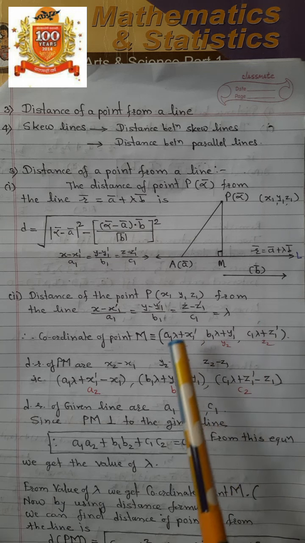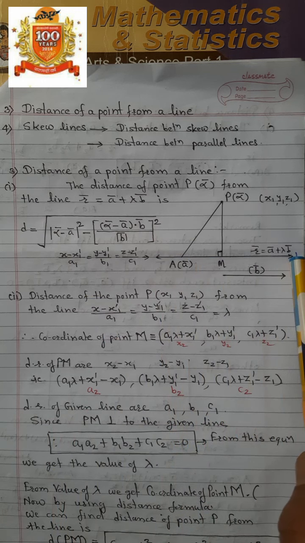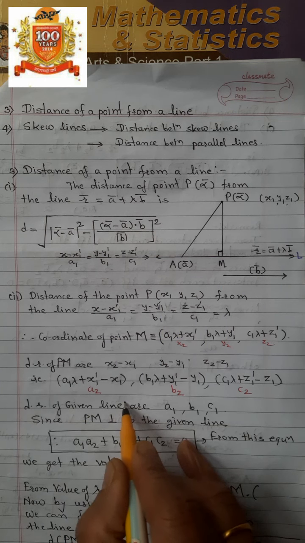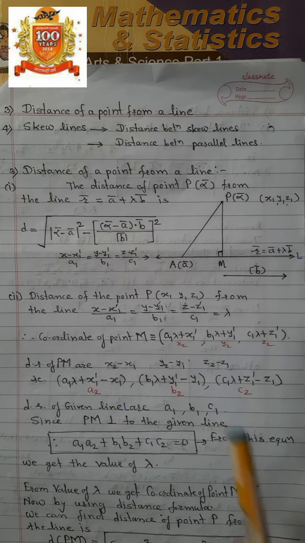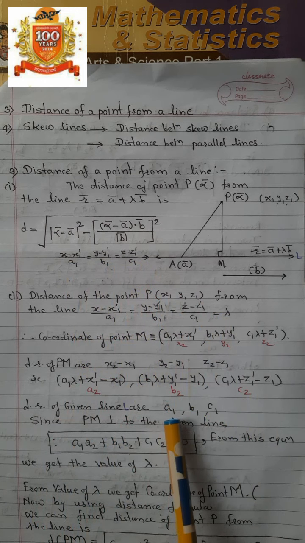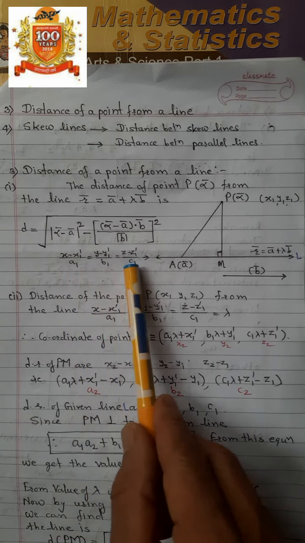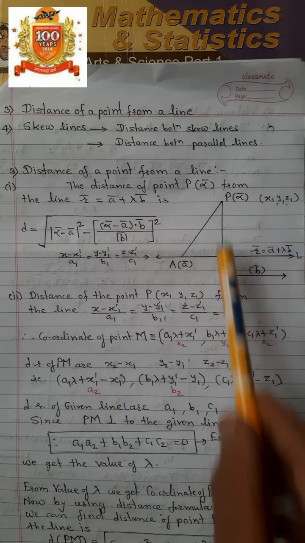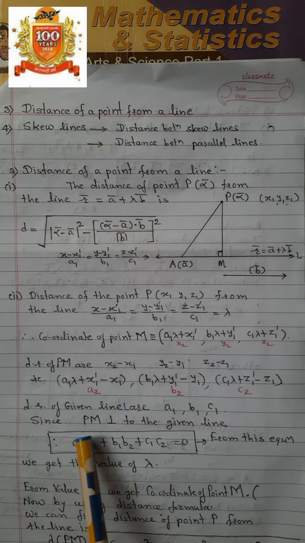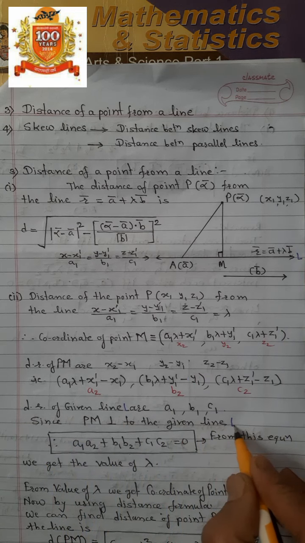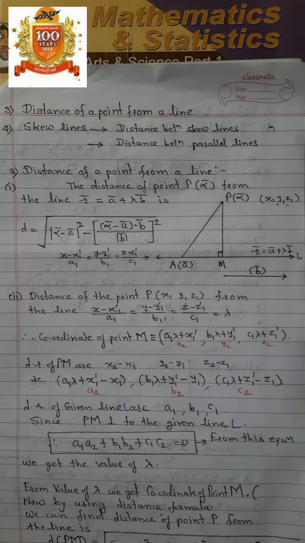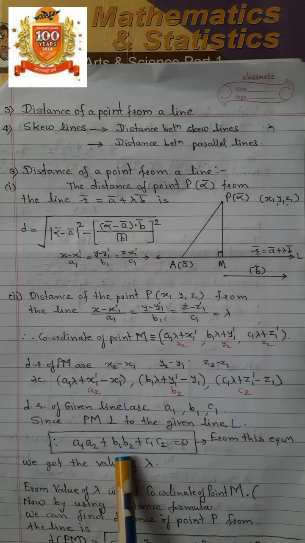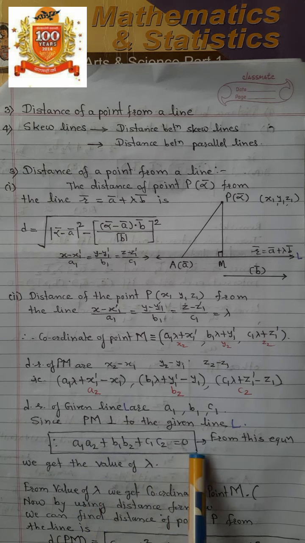And we know that direction ratios of line L are a1, b1, c1. These are the direction ratios of this line L, and these are the direction ratios of PM. We know that PM is perpendicular to the given line L. Therefore, a1 into a2 plus b1 into b2 plus c1 into c2 is equal to 0.